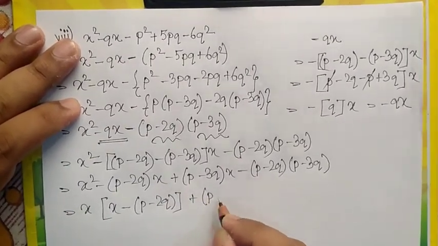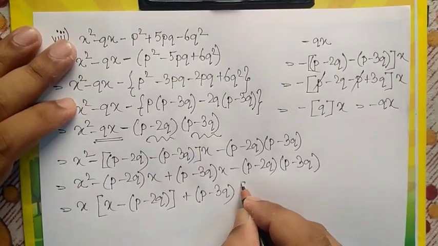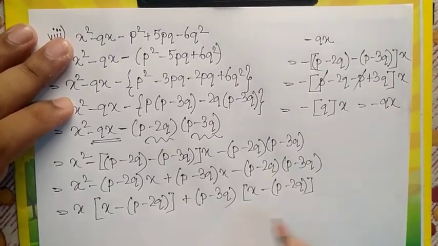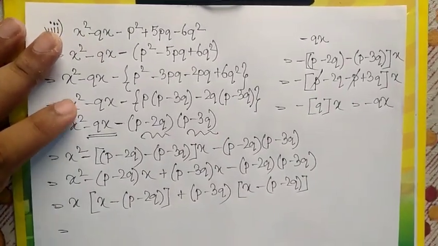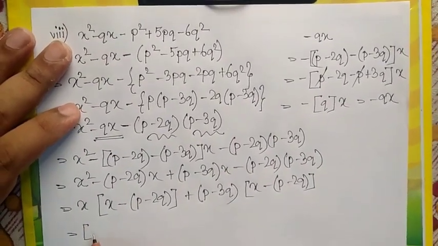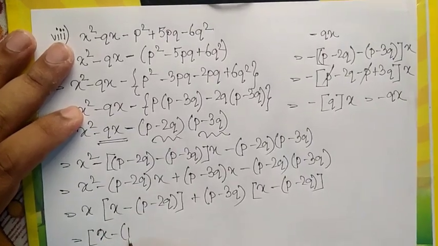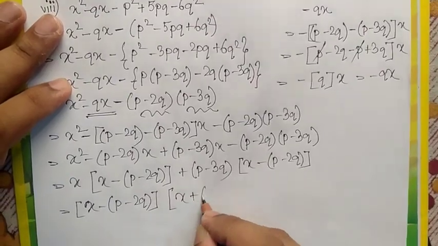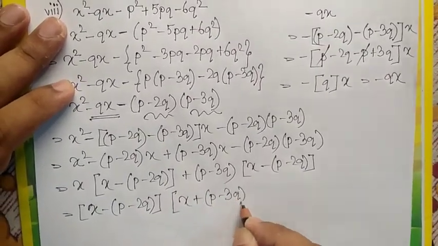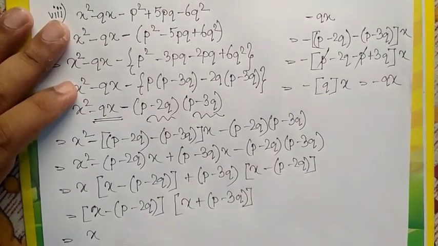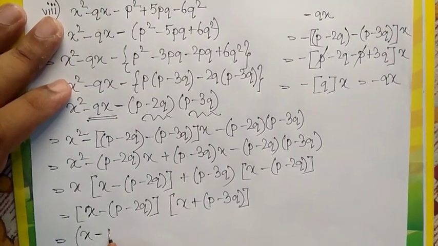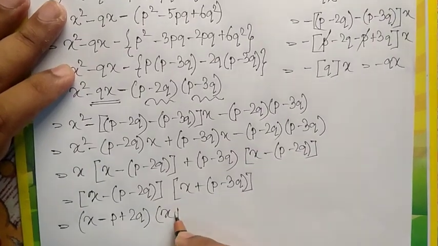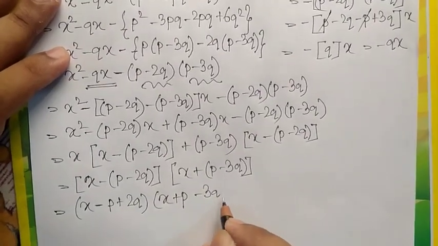After that taking common p minus 3q we can get x minus p minus 2q. First of all we have to take common x minus p minus 2q close, x plus p minus 3q. Opening those brackets we can get x minus p plus 2q, x plus p minus 3q.